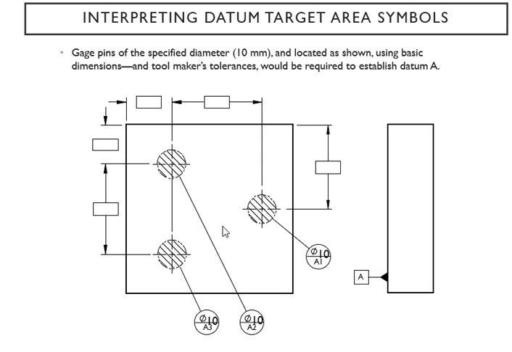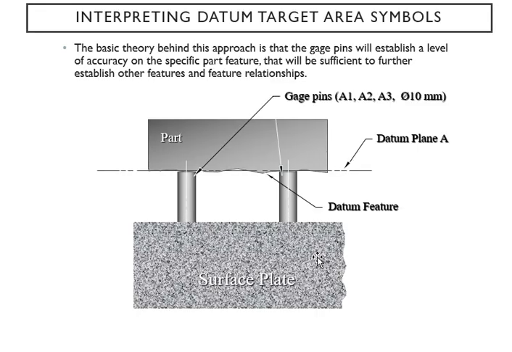And of course you also have tolerances, and your datum A is going to be right here to establish. All right, now let's take a look at the gauge pins here, your surface plate, and then your part right there, an exaggerated diagram right there, datum features right here, your datum plane A is right there, and we're using this gauge to establish that.